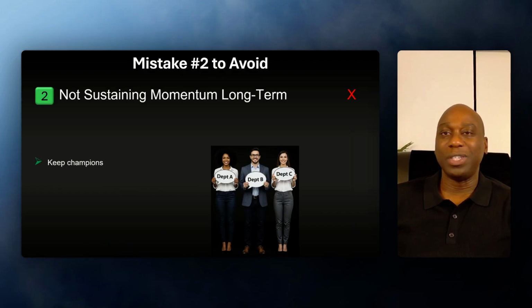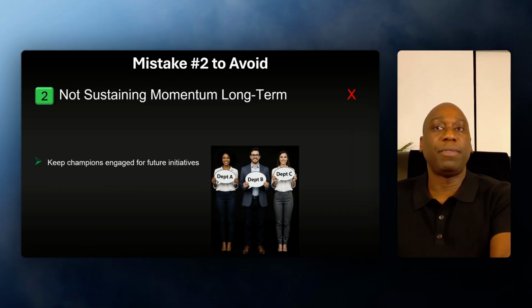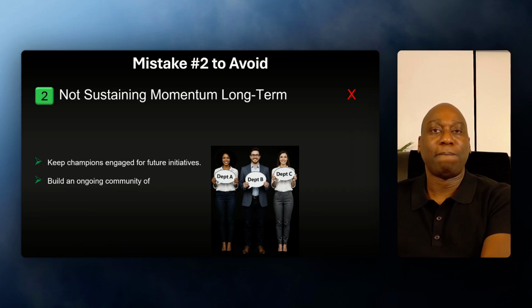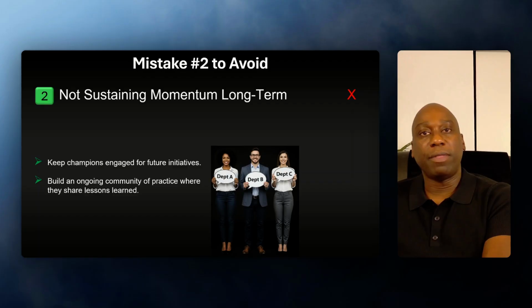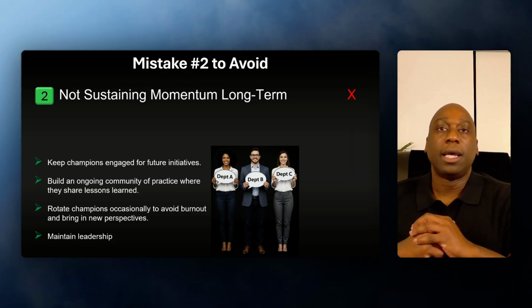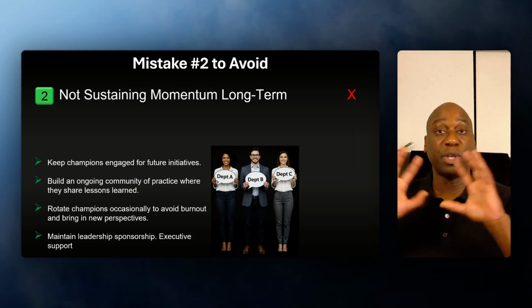Instead, what you want to do is this: you want to keep the champions engaged for future initiatives. You obviously don't have to keep on overwhelming them with meetings, but you can meet with them once a month and just say, "Hey, we just want to check in and see how things are going with the champion network."